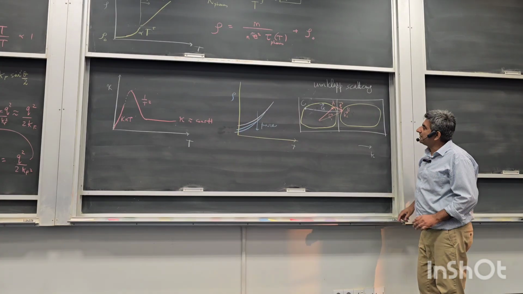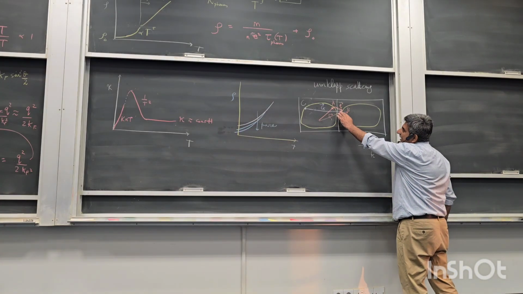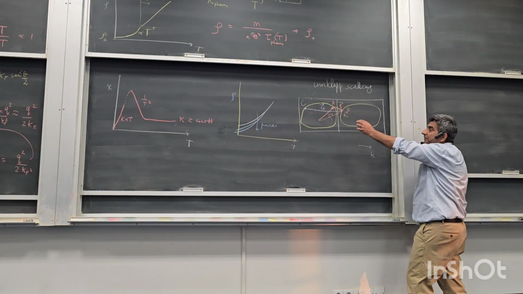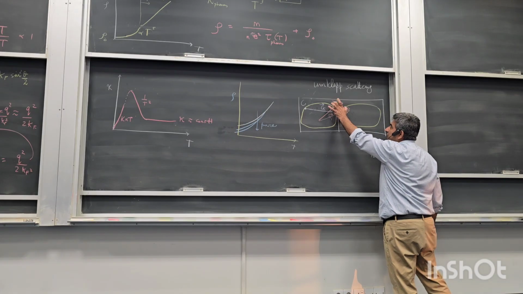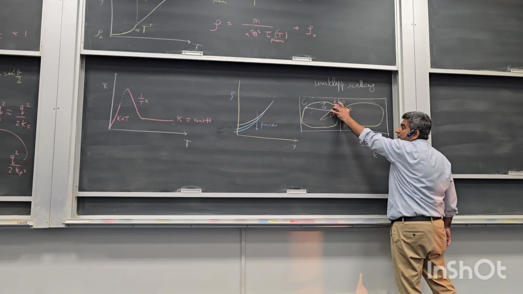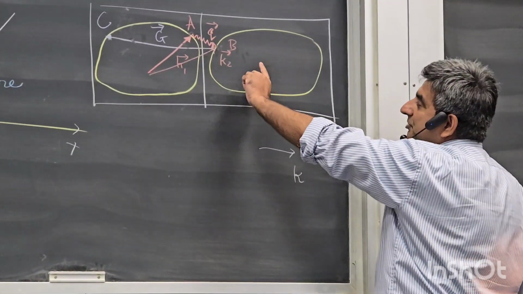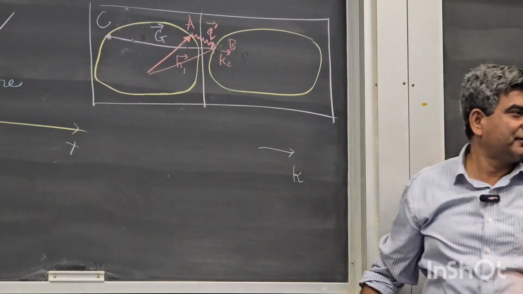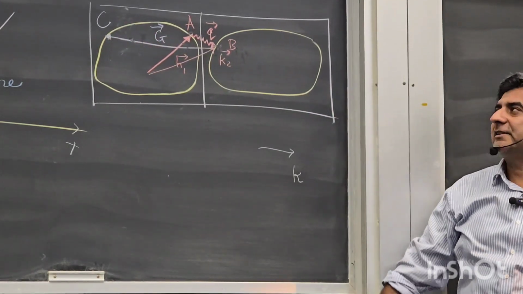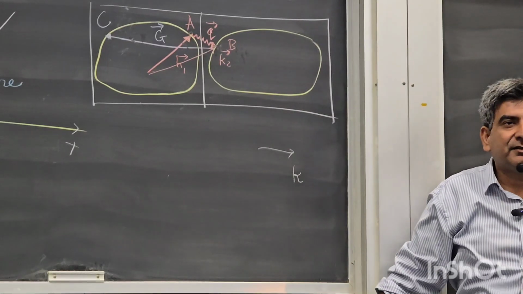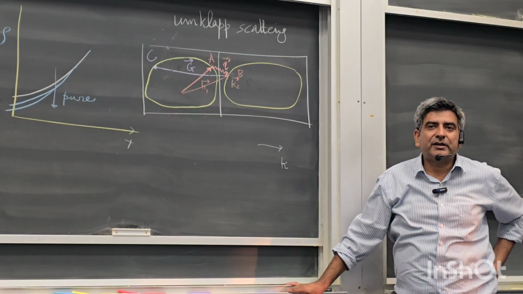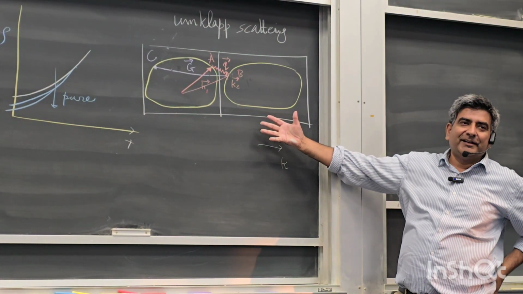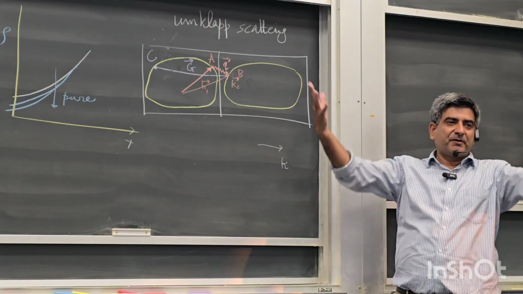So what is happening here is, through a scattering process of this kind, albeit with a small wave vector phonon, you can achieve a switch, a flip of the wave vector of the electron. This scattering process is called Umklapp scattering. So you can have Umklapp scattering, and this kind of breaks down the T⁵ dependence.